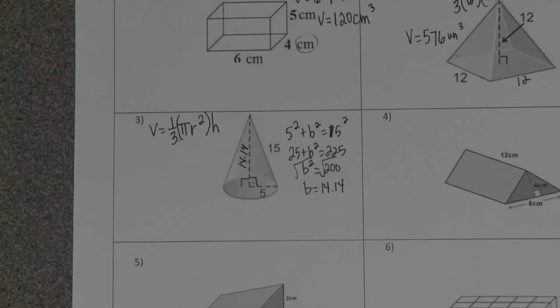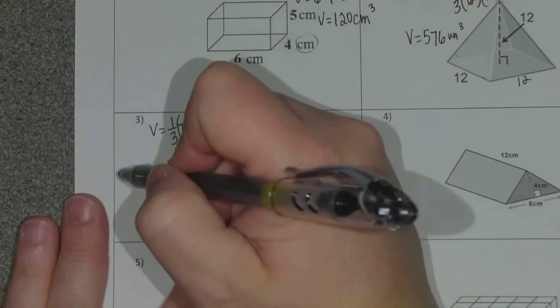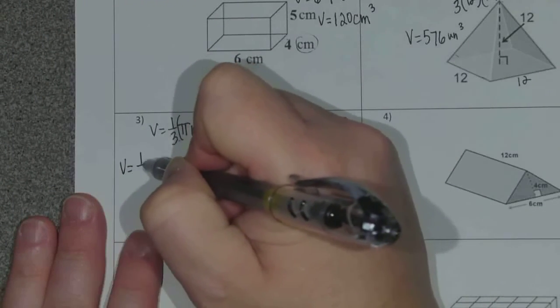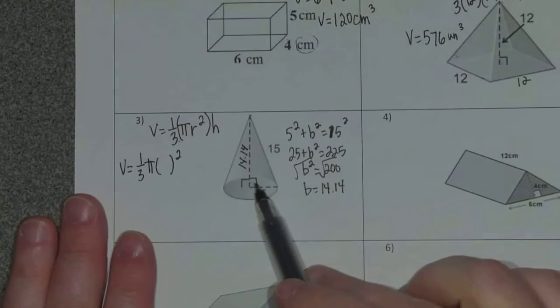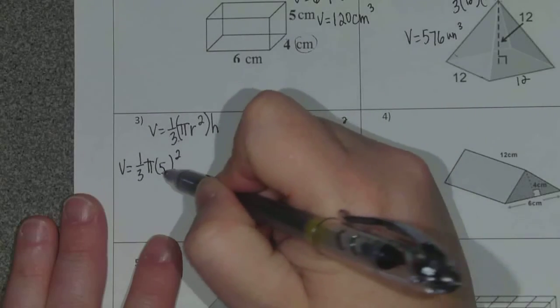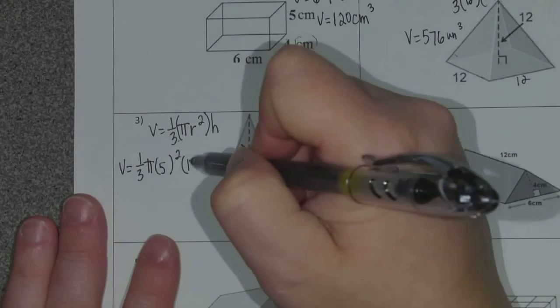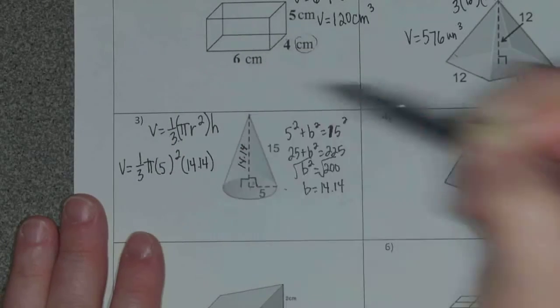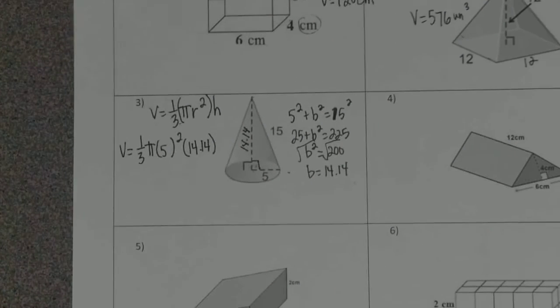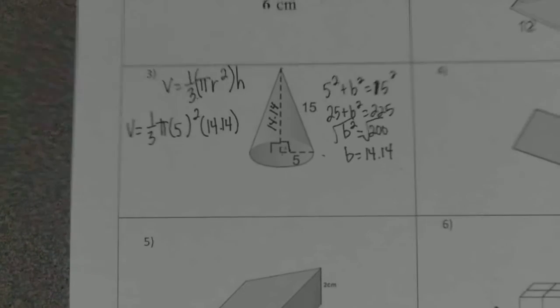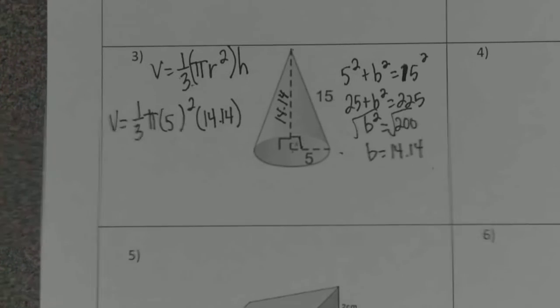All right, so the height is 14.14. So now I can do my volume formula. It's 1/3 pi r squared, the radius is 5, times the height, which we found to be 14.14. So now we're just going to plug that into our calculator, and it's going to give us that value for the volume.